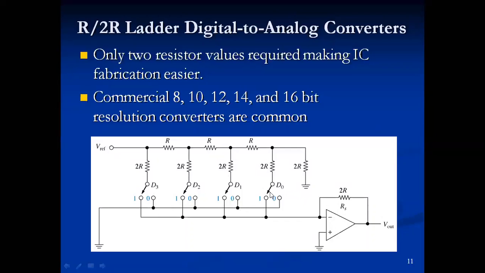Now let's throw one switch to 1. What happens? You've got current for all the other switches going to ground this way. Then you've got current from this branch here going through the 2R, and it is the only current that is feeding the 2R there. Okay?